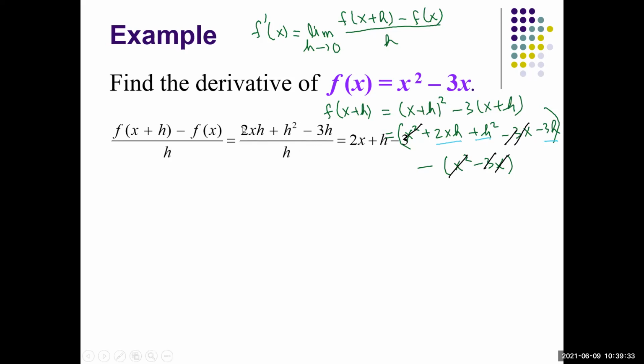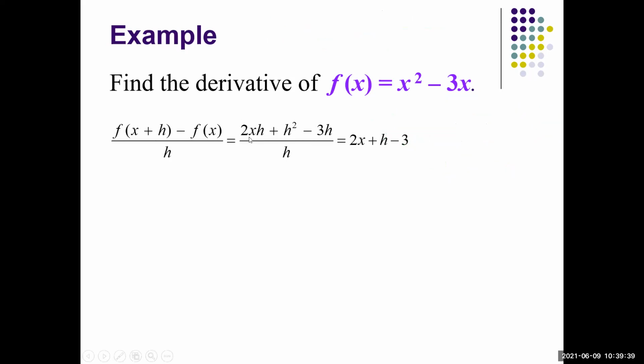Okay, so simplify that term, and then you factor out the h, cancel out the h, you get 2x and h left and minus 3 when the h got canceled. So now you've got this.